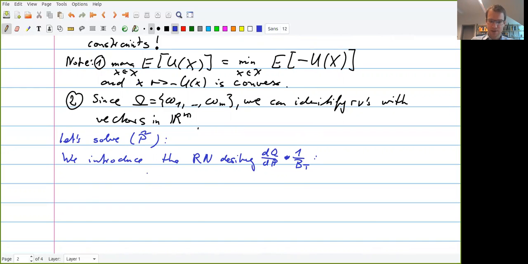Anyway, so what is this? This is just the random variable Z defined as 1 over B_T times the density.